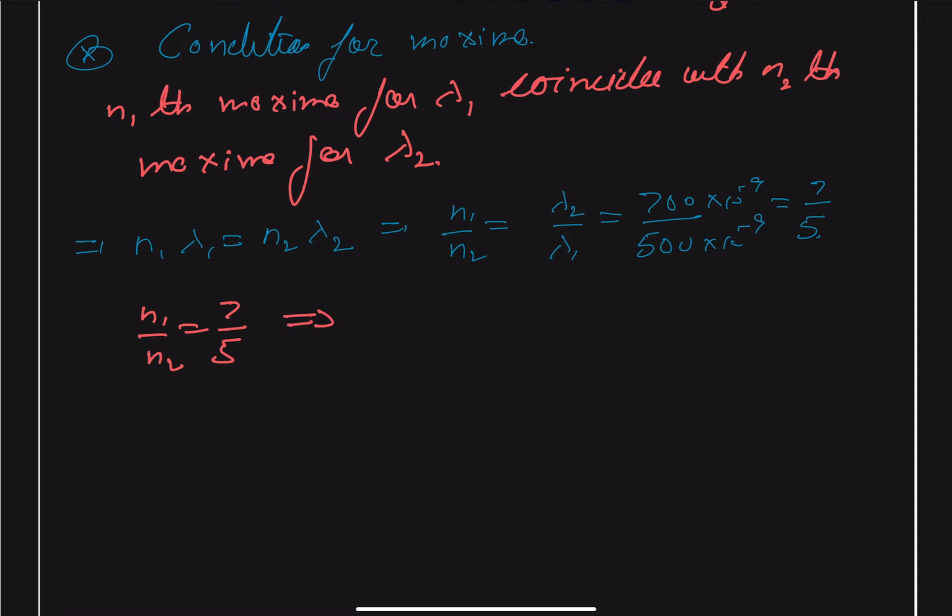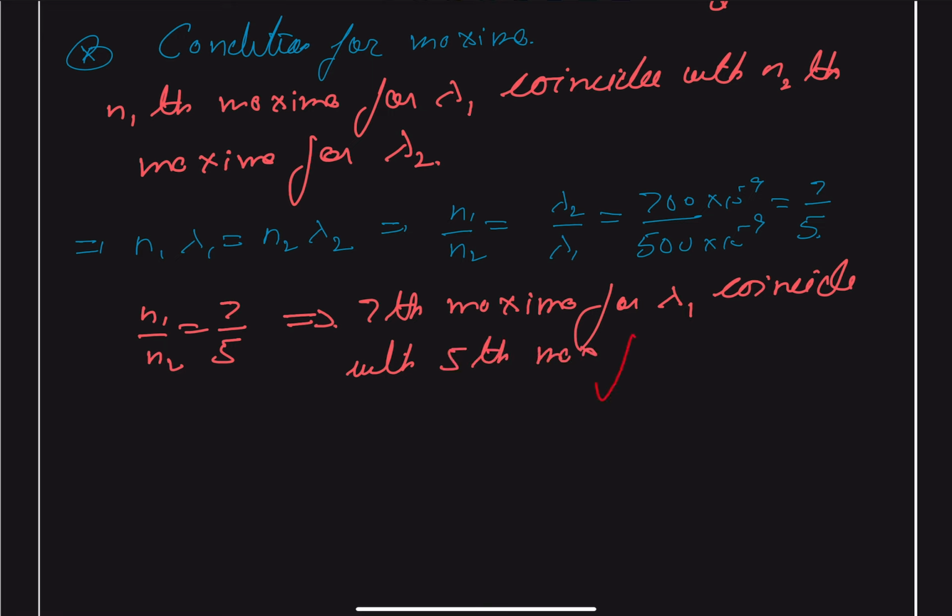From here, we can say that the 7th maxima for lambda 1 coincides with the 5th maxima for lambda 2.